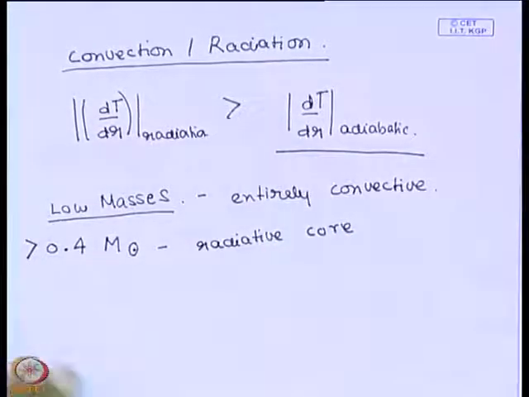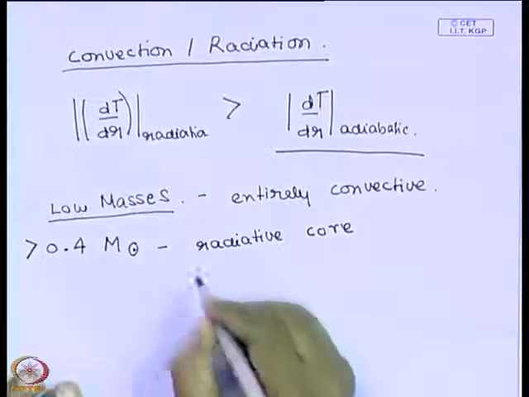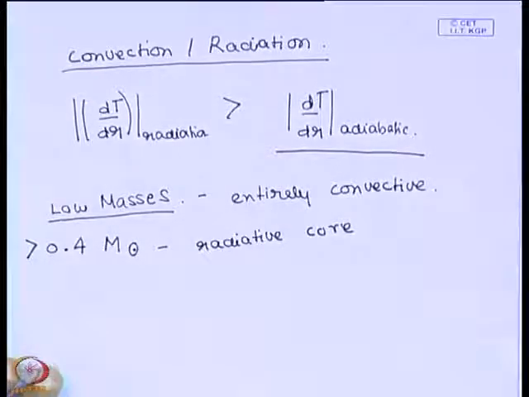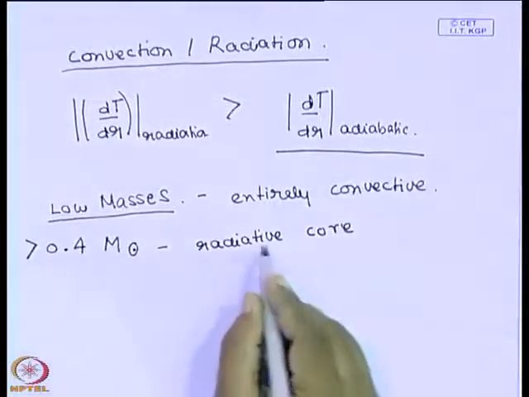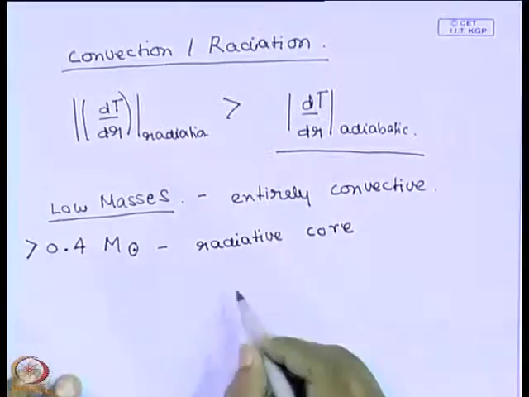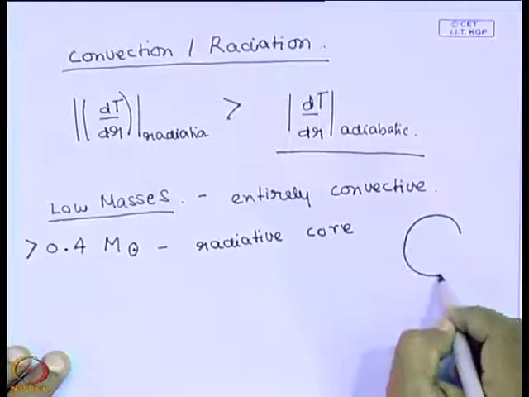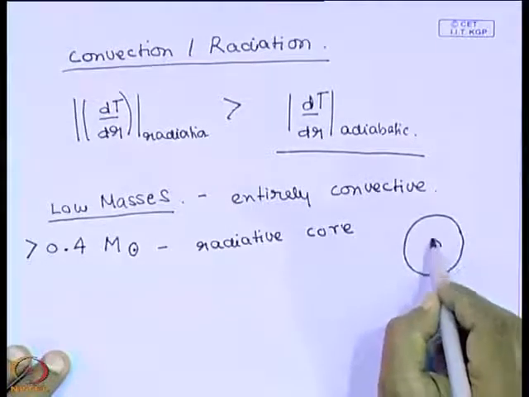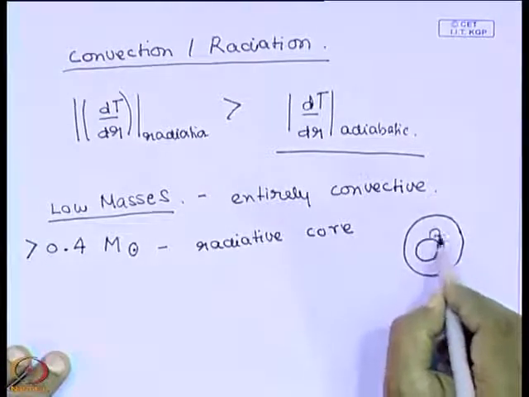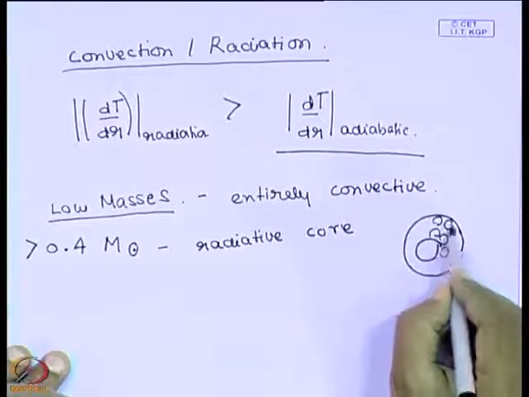The convection region gets smaller and smaller, it is outside. So, the envelope is convective. So, the core is radiative, the energy is transported radiatively in the core, and the envelope, it looks like this. So, you have radiative transport here, and then you have convection in the outer parts.